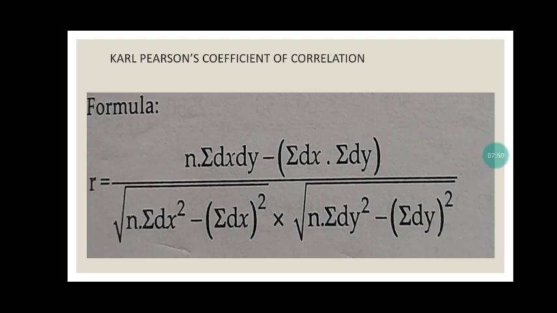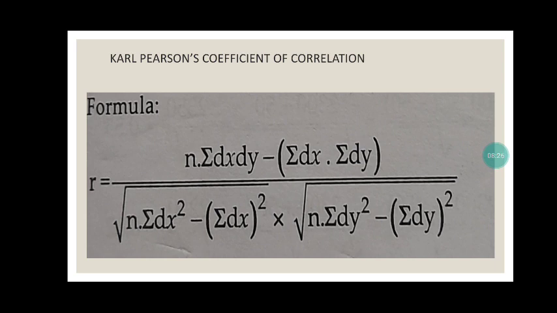Here you can see the formula on your screen: r equals n into summation dx dy minus, under bracket, summation dx into summation dy, bracket close, upon under root n into summation dx square minus summation dx whole square, into again under root n into summation dy square minus summation dy whole square. So this is the formula for calculating the coefficient of correlation by using Karl Pearson's method.